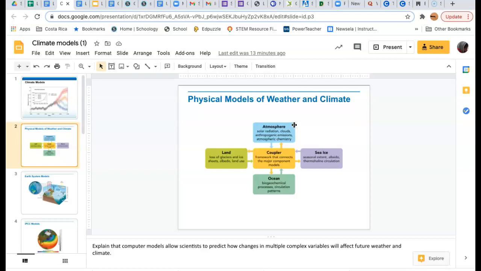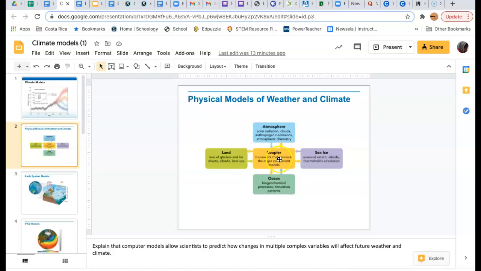By the way, anthropogenic means human based emissions. Atmospheric chemistry, which we haven't covered yet. We will cover it this week. Land, we used to talk about differences in land and albedo, ocean, and sea ice. So all those things you should take into consideration when we talk about both weather and climate models.